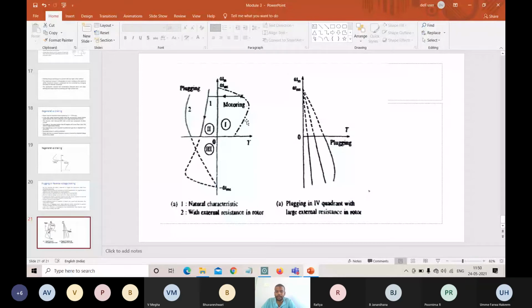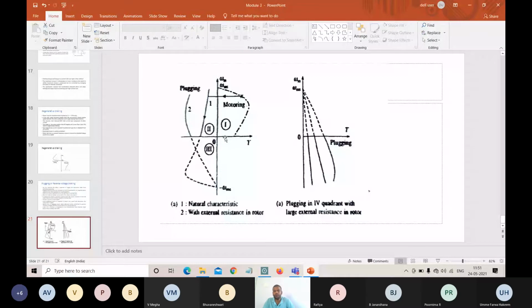The limiting braking current, which we have used to start the motor, and the limiting braking torque, we can observe in this characteristics. Here the torque is not 0 at 0 speed. The torque which we are considering should not be 0 at 0 speed.